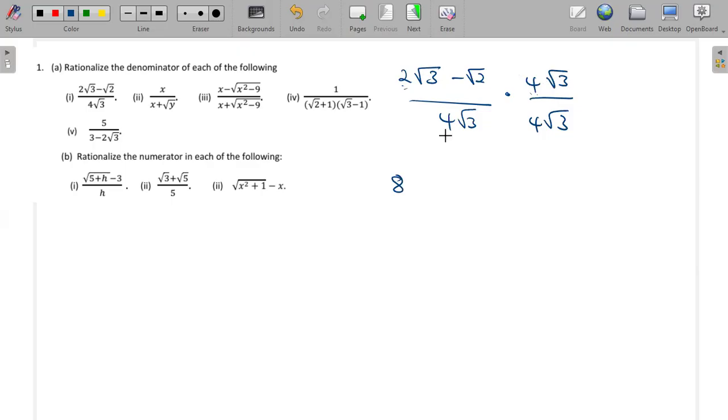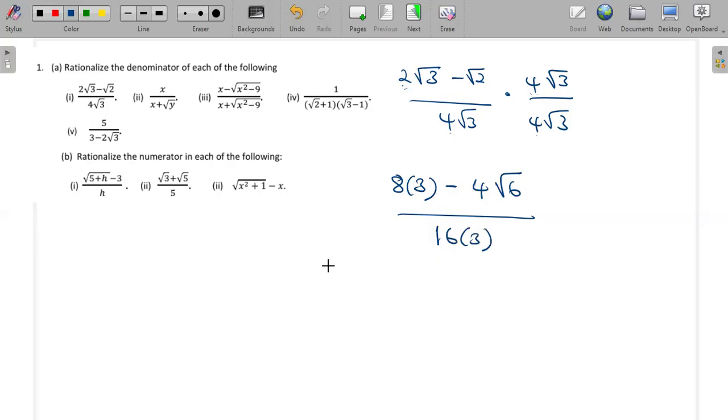Then square root of 3 times square root of 3 just gives us 3. Then the next here, you have minus. Then you have square root of 2 multiplied by 4 root 3. So the 4 will be there. Then root 2 multiplied by root 3 is just the square root of 6. And then down there you have 4 multiplied by 4, that's 16.